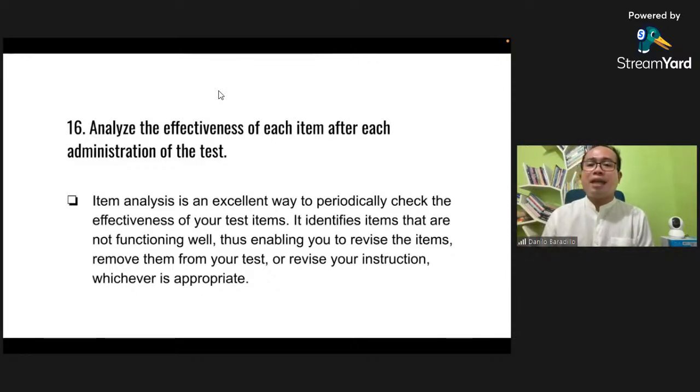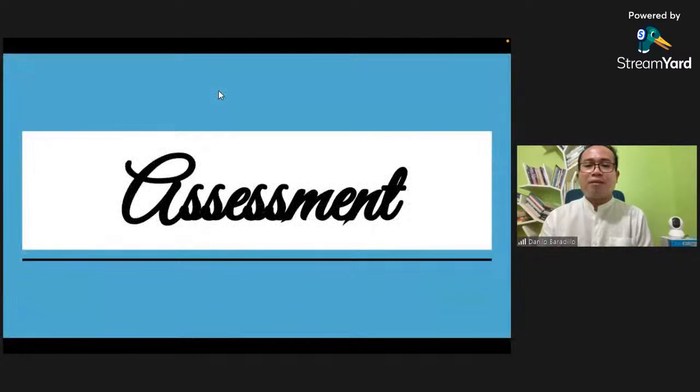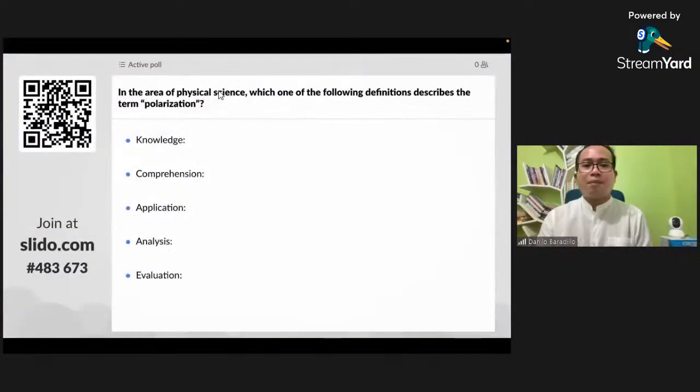So in this case, I want you to go back to slido.com and notice that your answer should be knowledge, comprehension, application, analysis, or evaluation. So what kind of stem is this? What Bloom's taxonomy is addressed in this kind of stem?